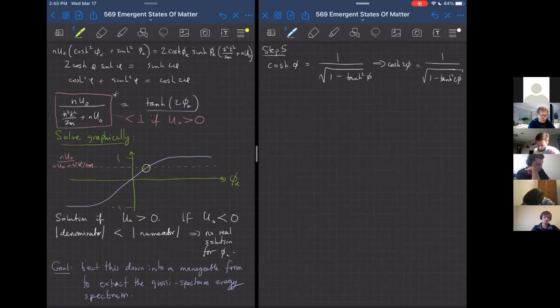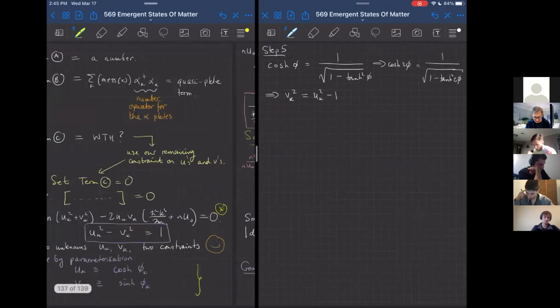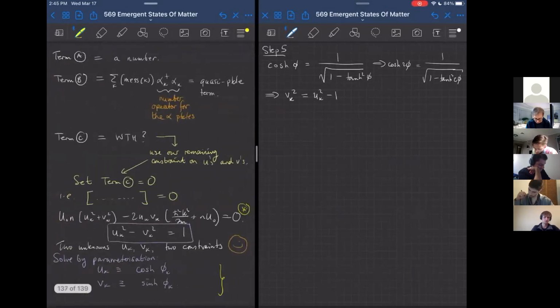Now if I write v k squared, that's obviously u k squared minus 1 from our constraint, and because of the way I've defined u and v, u k squared minus 1 is just 1/2 of cosh 2 phi k minus 1.